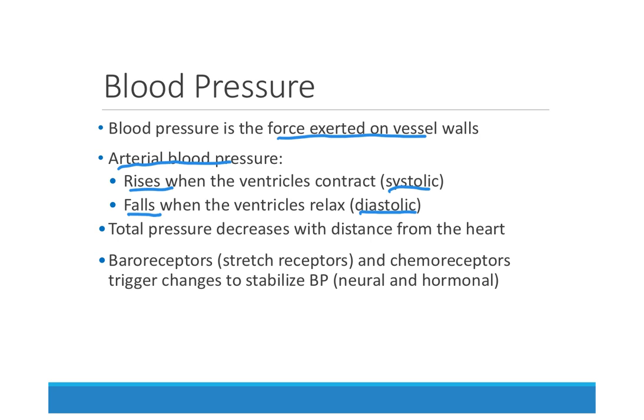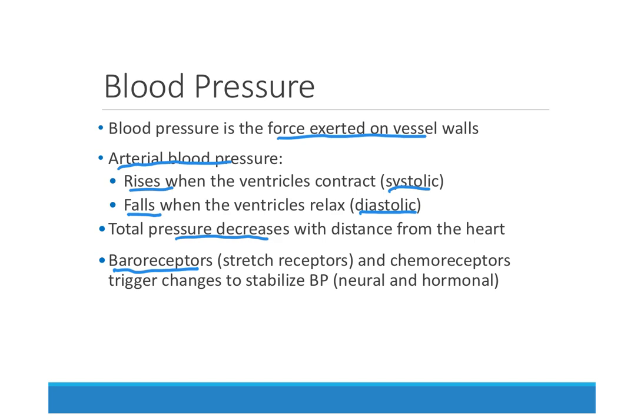As the blood moves through blood vessels and gets further away from the heart, the pressure does decrease over time, and as the blood spreads out over the different blood vessels, the pressure will go down. Your blood vessels are filled with certain receptors. There are stretch receptors that keep track of how much those arteries are stretching, known as baroreceptors.